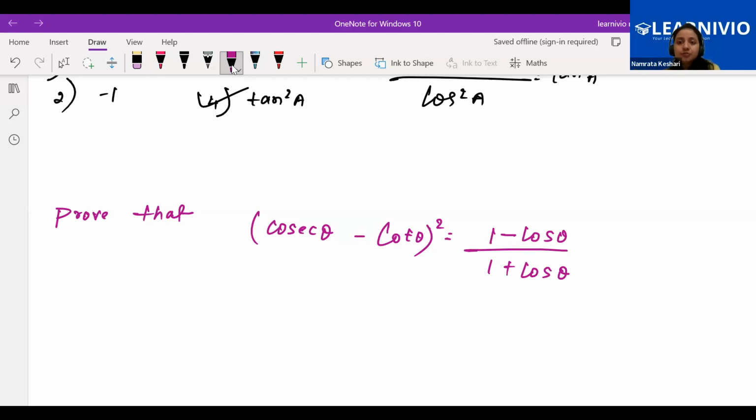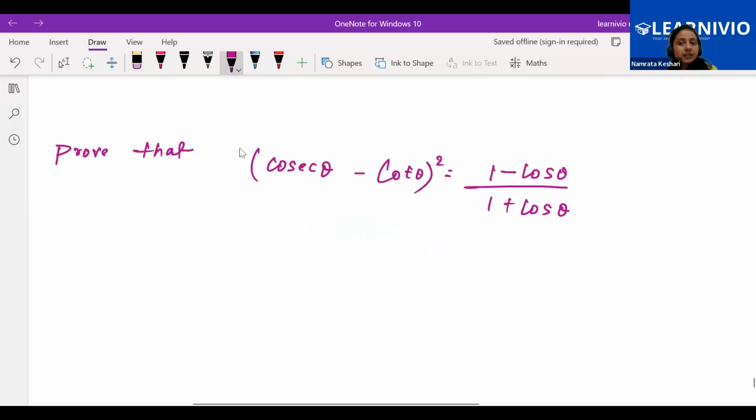But we have to prove that these two are same by using the identity, by using the concept that cosec means 1 by sine. When we don't know anything, when we are completely blank, then one approach is that we will take cosec as 1 by sine and cot as cos by sine, and we will think about it.